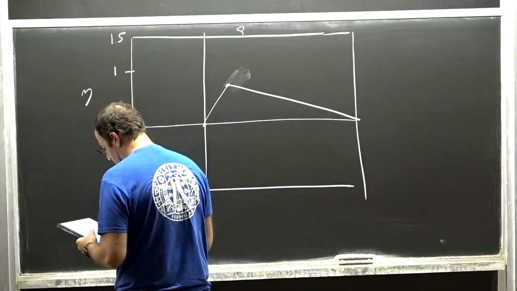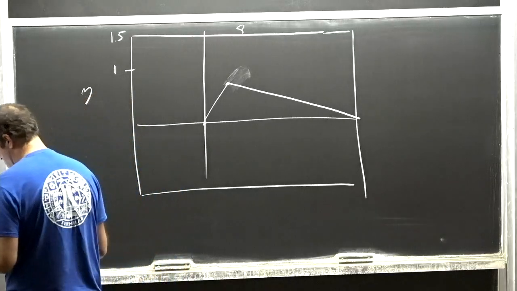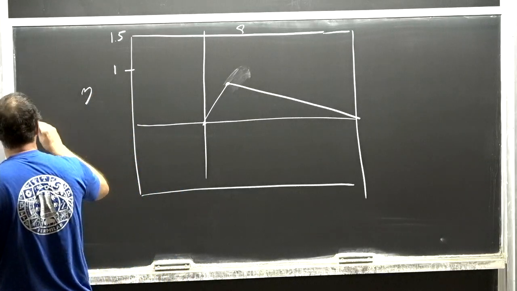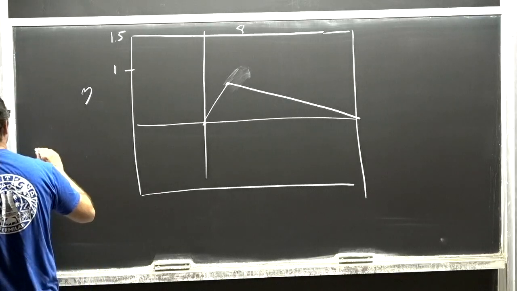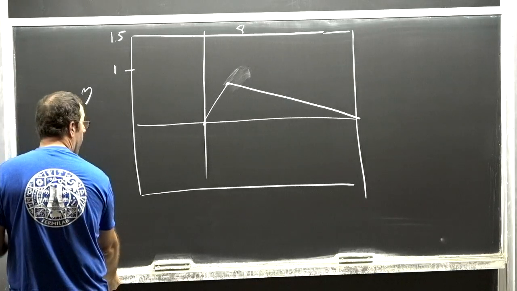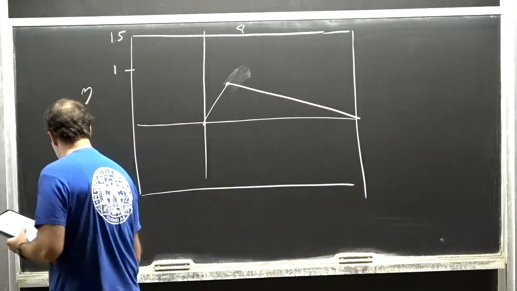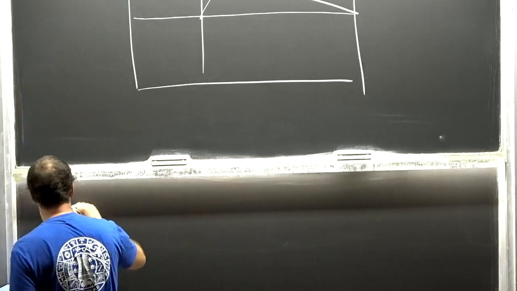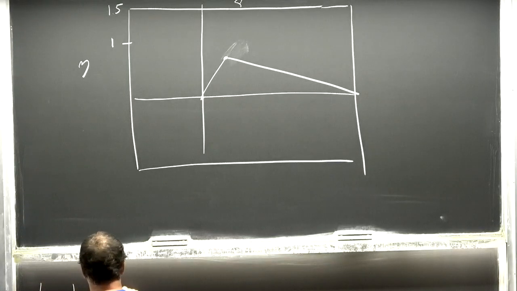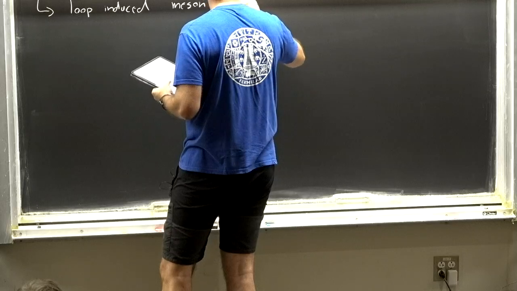All right, so where to start? Let's see, I can squeeze a few things on the side. The first set will be loop induced constraints, and these will be meson mixing.